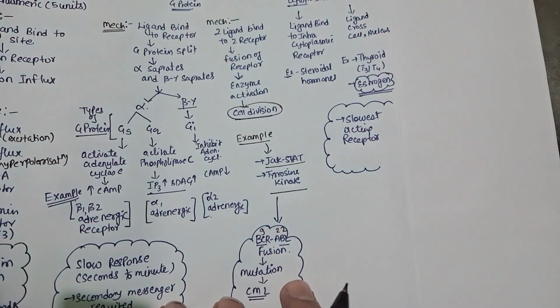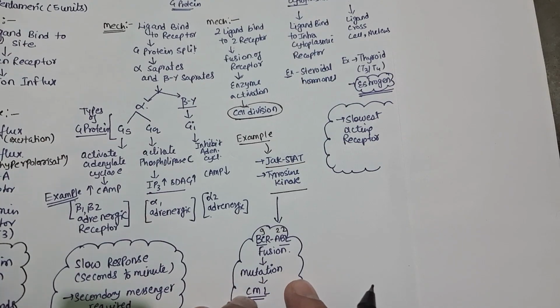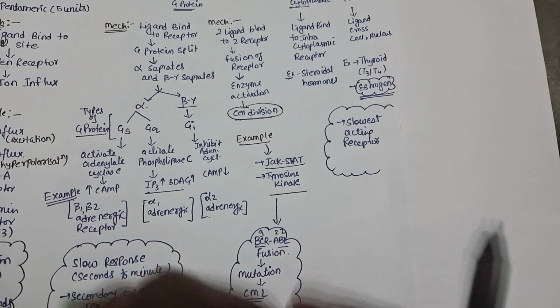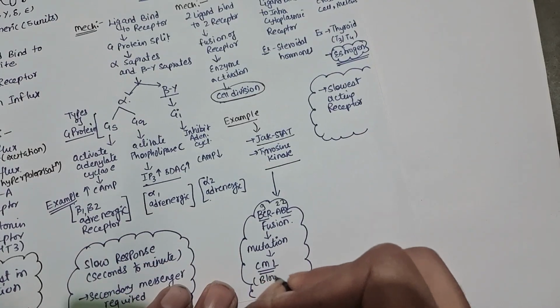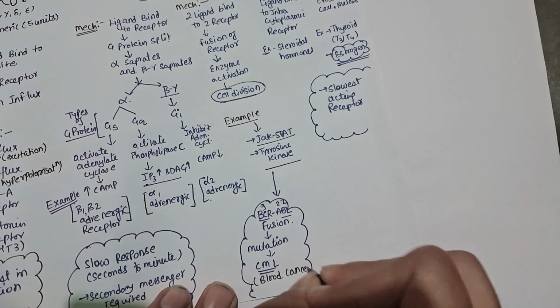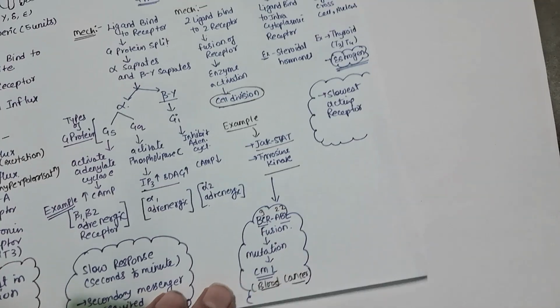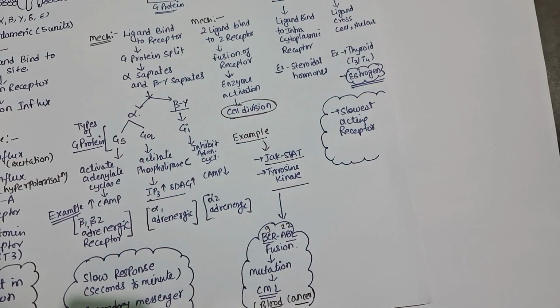But this is a result of mutation, not natural. This mutation causes a serious disease, chronic myeloid leukemia, a type of blood cancer. So if this receptor gets a mutation, a serious disease like blood cancer can occur.